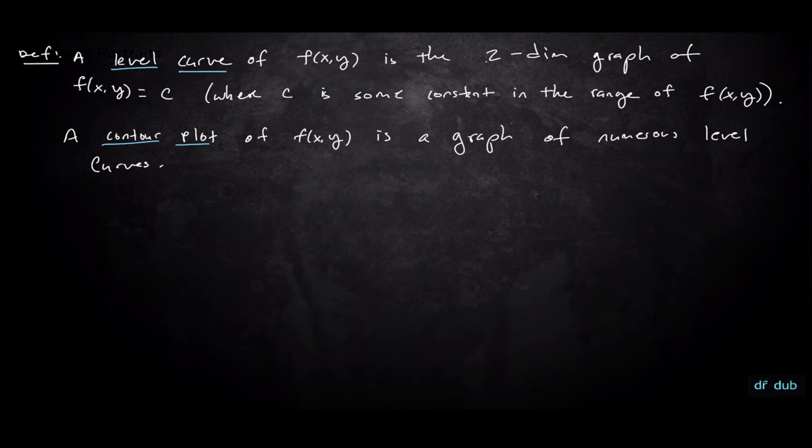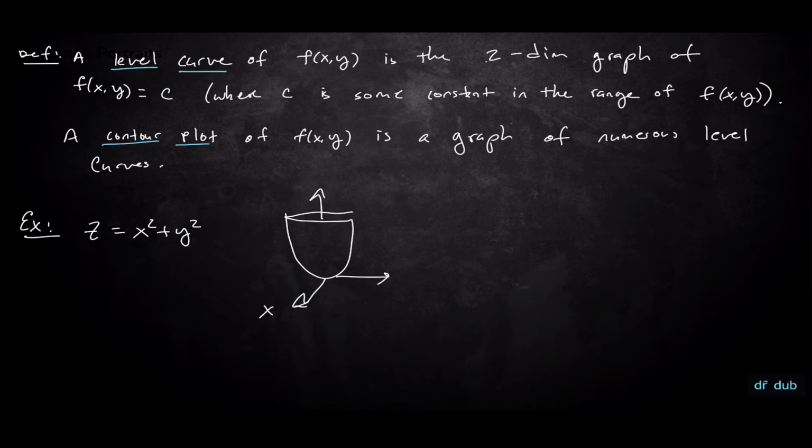So, for example, let's say I have the function z equals x squared plus y squared. We know that's a paraboloid, so I'll try to draw that paraboloid here. So the paraboloid z equals f of x, y equals x squared plus y squared looks something like this.